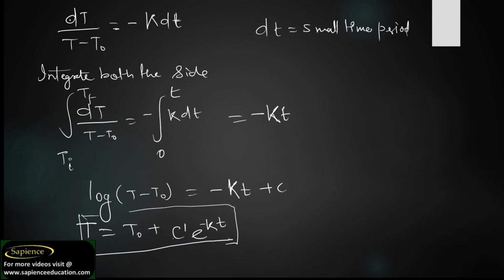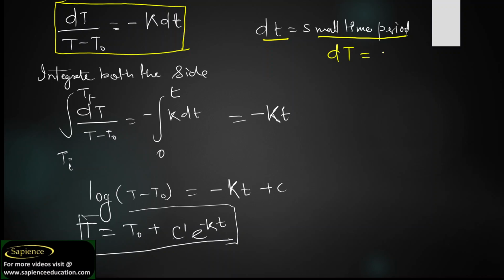Now as we have got this equation, dT divided by (T minus T naught) is equal to minus K dt. Here dt is a small time period and dT is the small temperature difference. Capital T denotes the temperature.